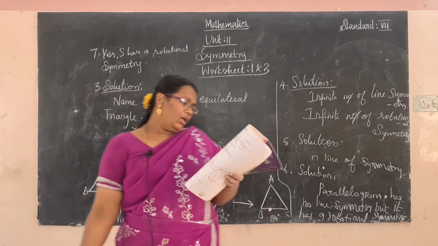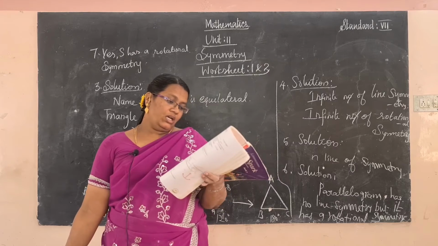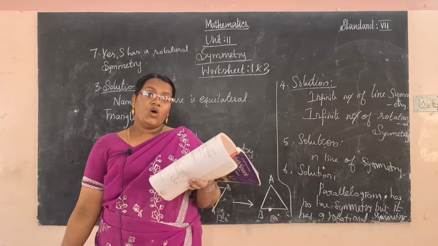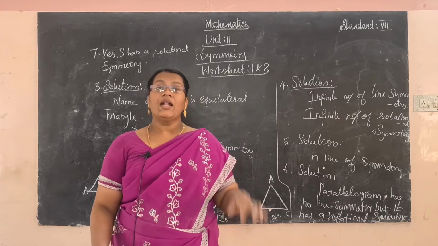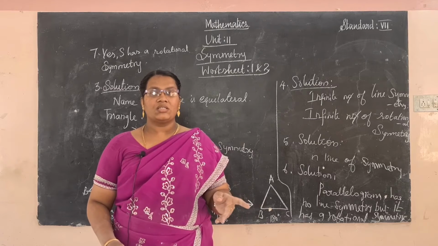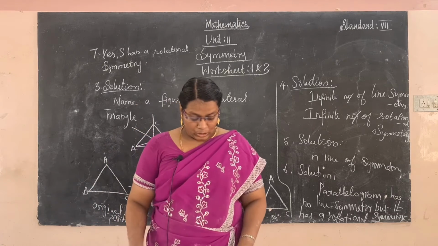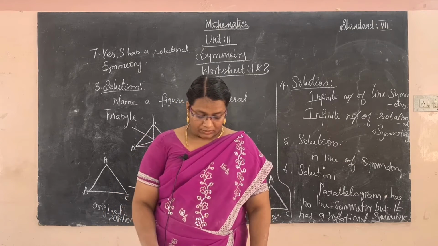Next, draw a regular hexagon and draw all the possible lines of symmetry in it. A hexagon has how many sides? 6 sides. So it has 6 lines of symmetry. You will draw the regular hexagon; that is homework.